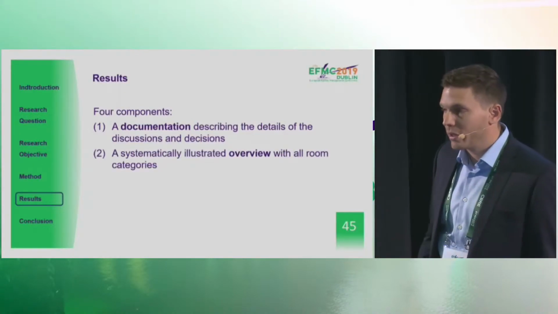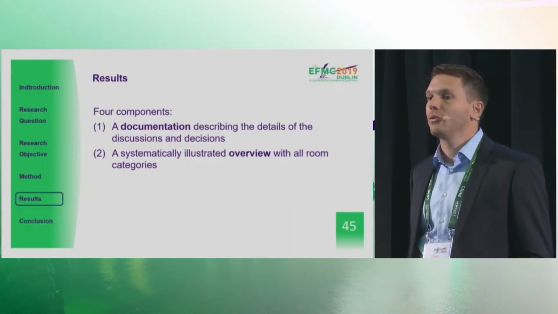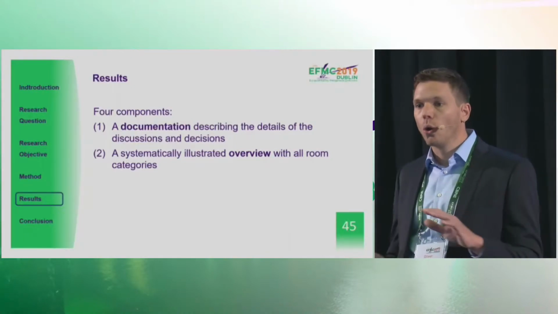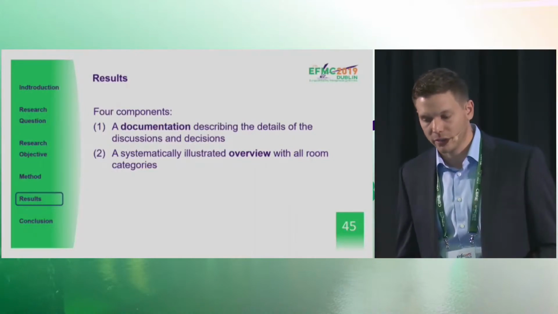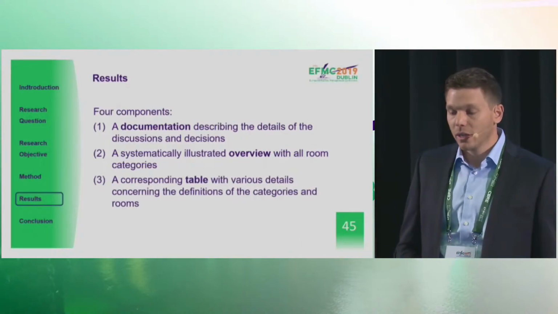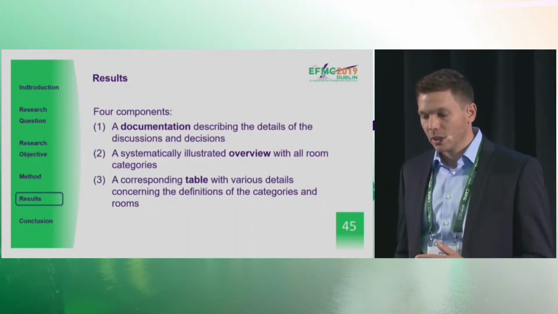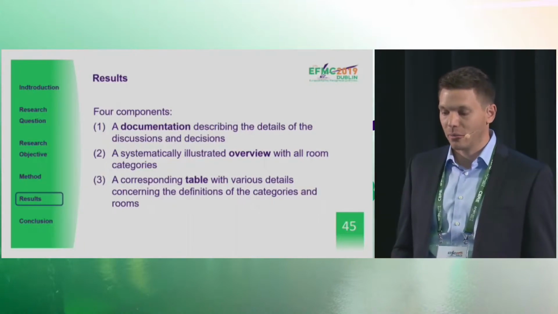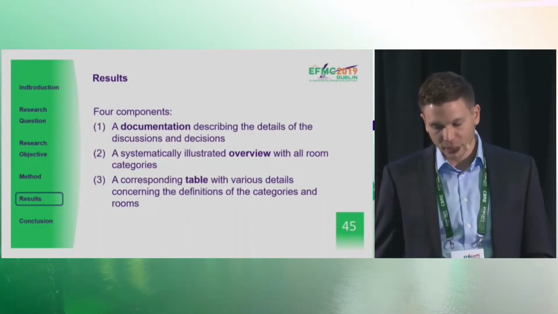Then the second part, and maybe the most important part, is the systematically illustrated overview about all the rooms, spaces, areas that we have in hospitals. I will come back to that in a minute. The third part is a corresponding table that contains all the details to the different rooms and the categories.